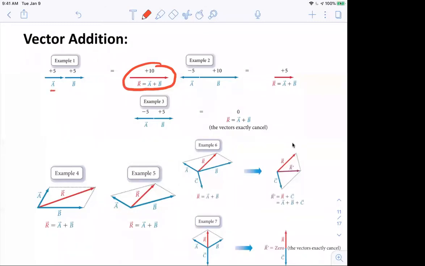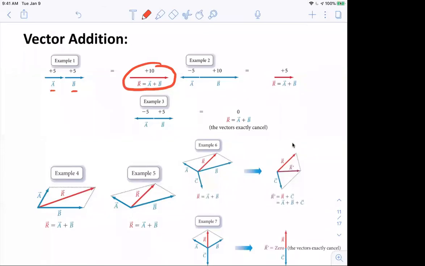So if I have A and B and consider those being dipoles, the resultant vector, the resultant dipole, is going to be a sum of those. Since they're both in the same direction, it's just additive.